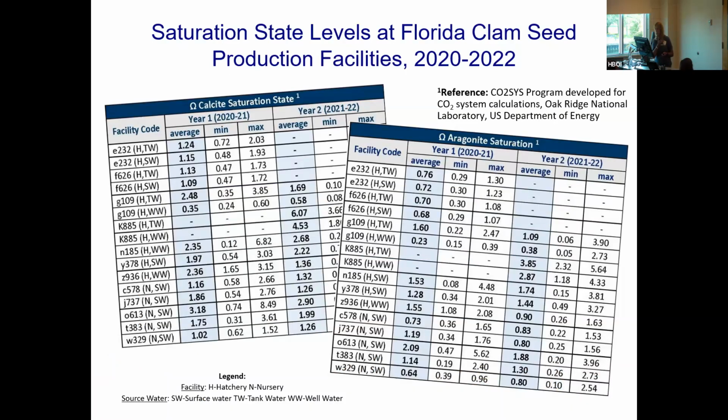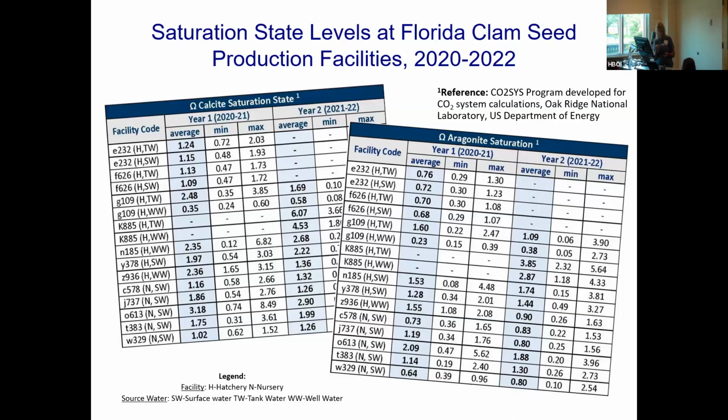Again, they're going to be expressed as a ratio. I might just comment that these are estimates. For these values to be more precise, you can also plug in things like partial pressure, carbon dioxide, dissolved inorganic carbon, which are not measurements that we took in the scope of this project.